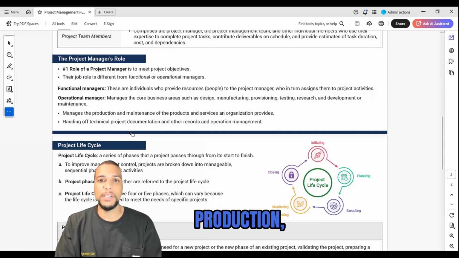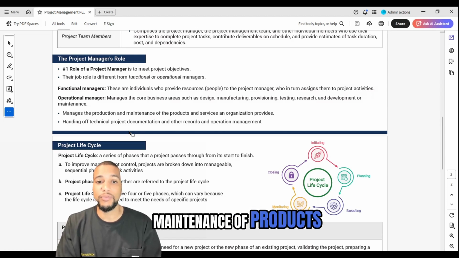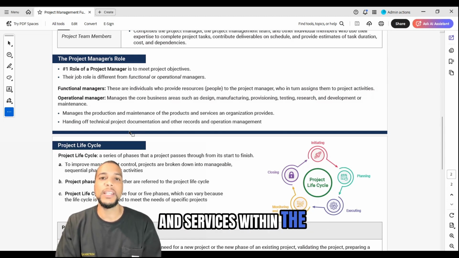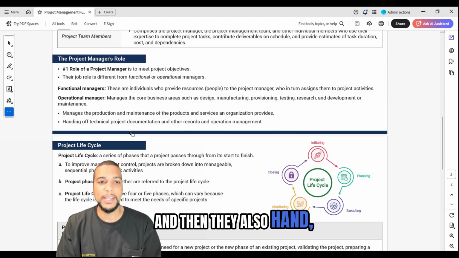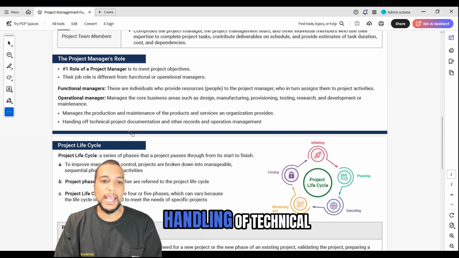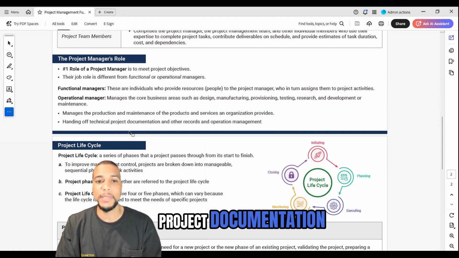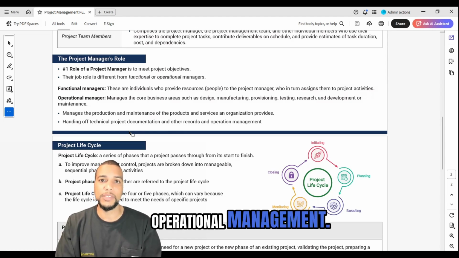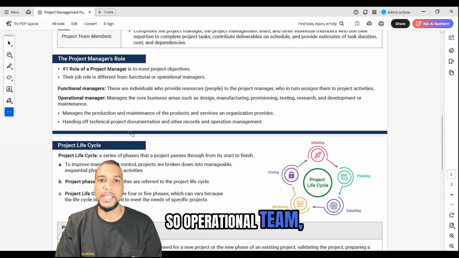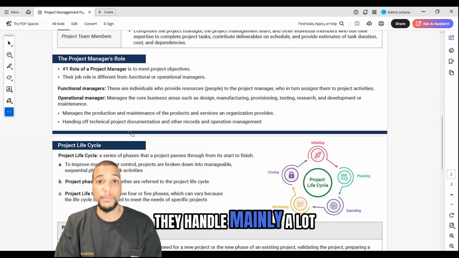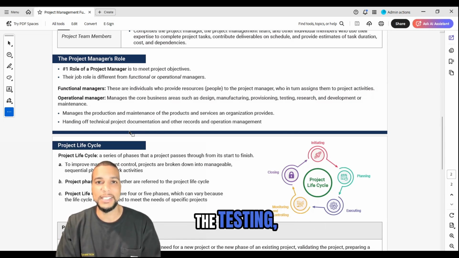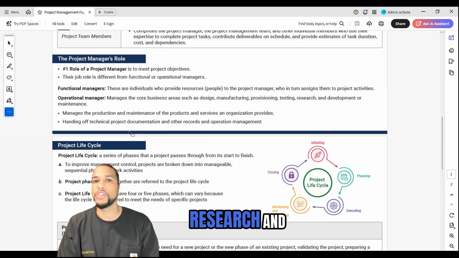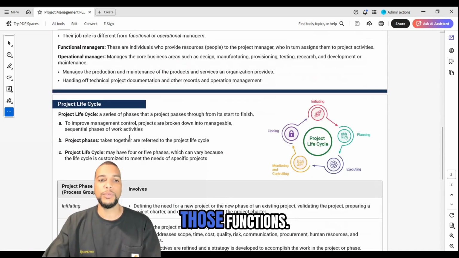And they manage the production and maintenance of products and services within the organization. And they also deal with the handling of technical project documentation and other records for operational management. So the operational team mainly handles a lot of the operational departments within the organization: the testing, the quality assurance, research and development, those functions.